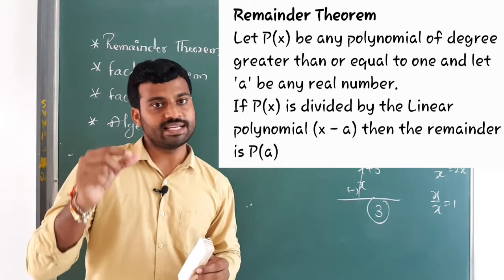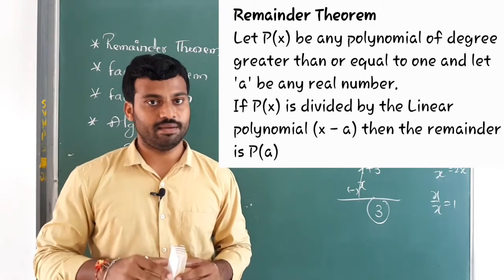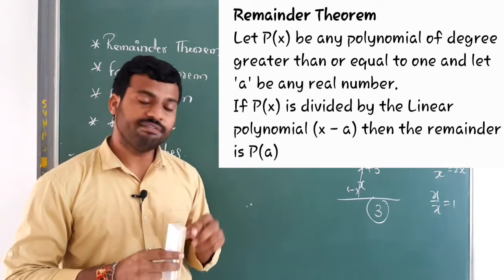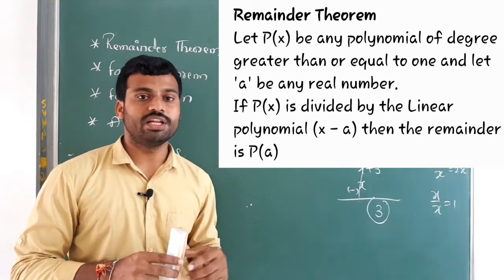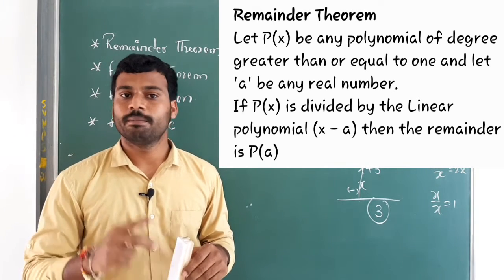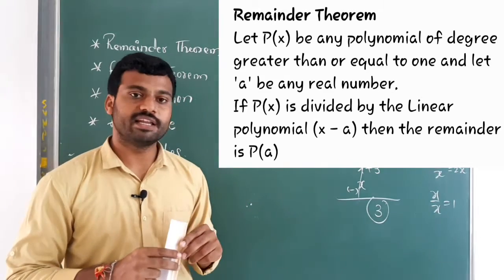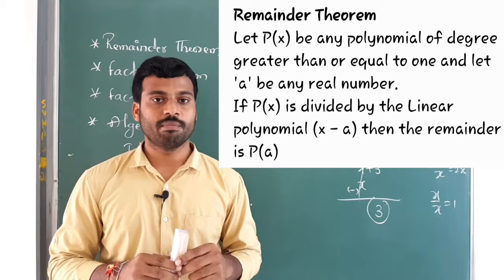If P of x is divisible by the linear polynomial x minus a, then the remainder is P of a. Then the remainder is what? P of a.